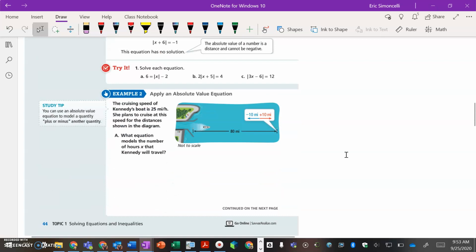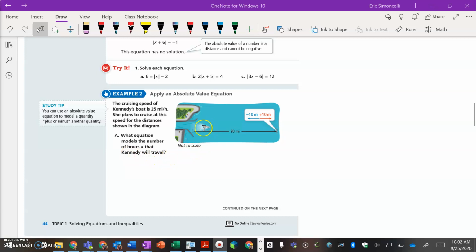Example 2. So it says in this little example, the cruising speed of Kennedy's boat is 25 miles per hour. She plans to cruise at this speed for the distances shown in the diagram. So for part A, what equation models the number of hours x that Kennedy will travel?